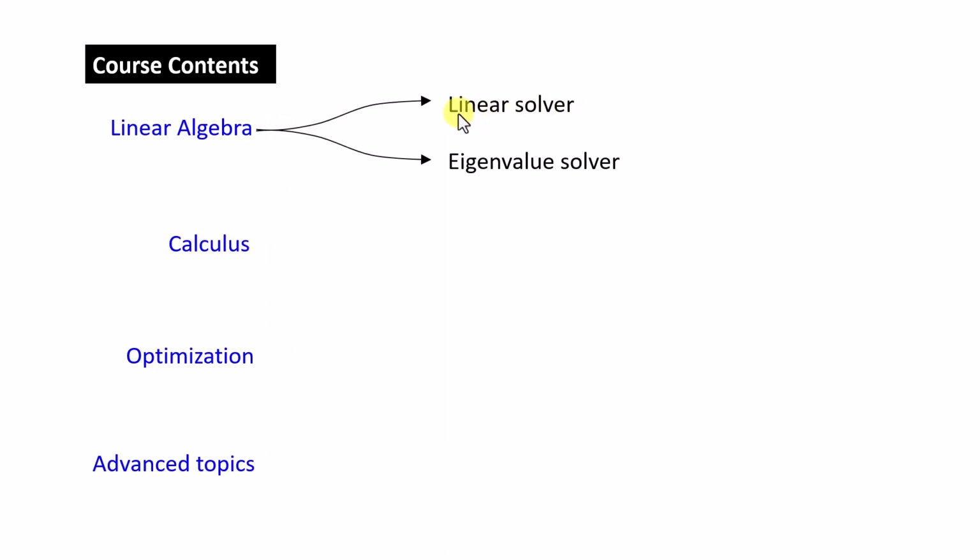That means we'll solve Ax equals b problems, that is the solution of simultaneous linear equations. We'll see that the technique can be extended for nonlinear equations as well. After that, we will talk about the eigenvalue solver. That means Ax equals lambda x type problems we'll solve numerically.